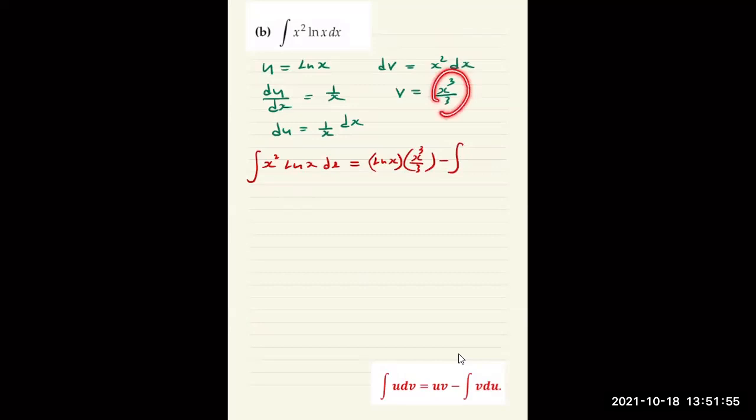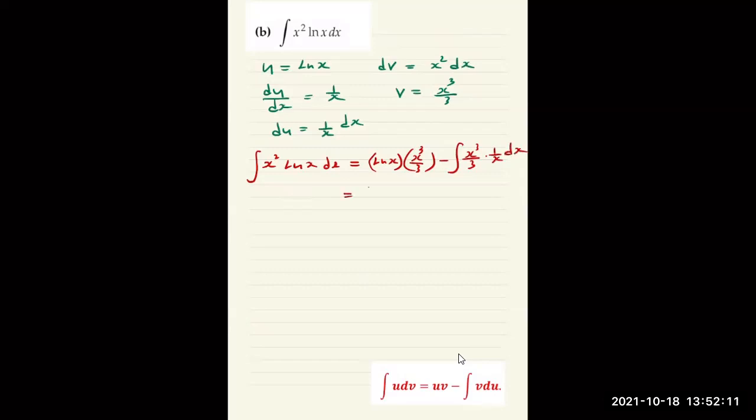I know my v. v is this one, du is this one. I can plug that in here: v du, x cubed over 3 times 1 over x times dx.